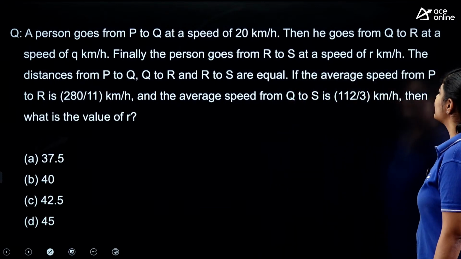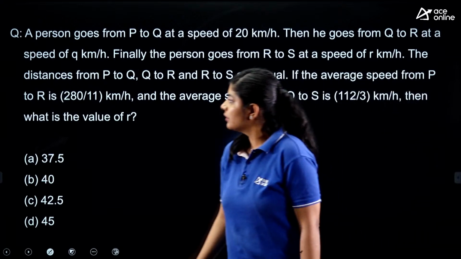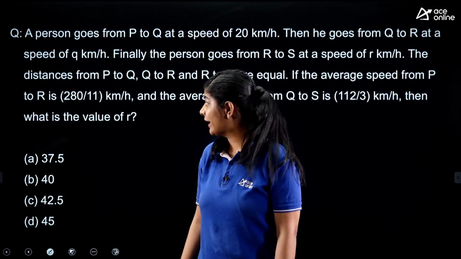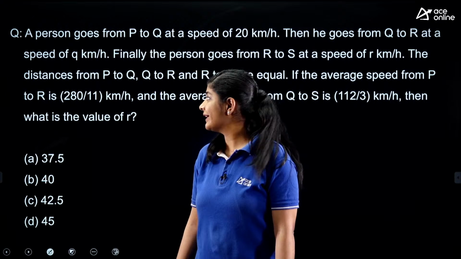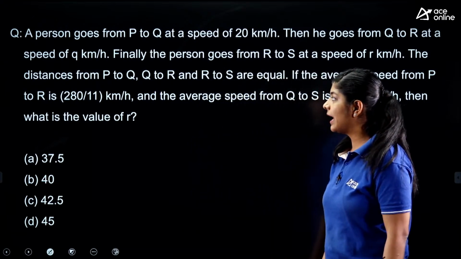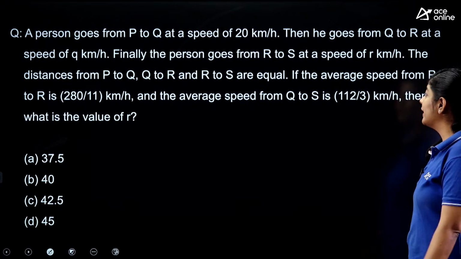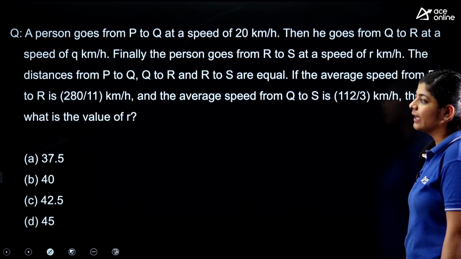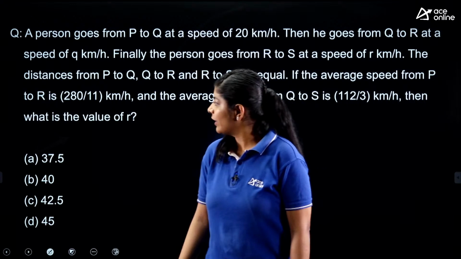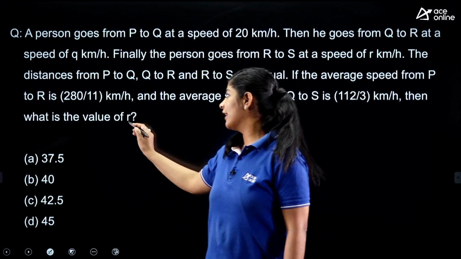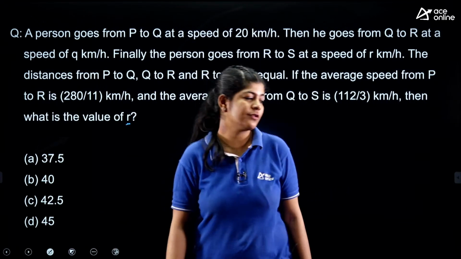If the average speed from P to R is 280 by 11 kilometers per hour and the average speed from Q to S is 112 by 3 kilometers per hour, then find the value of r. We need to find out the value of small r.